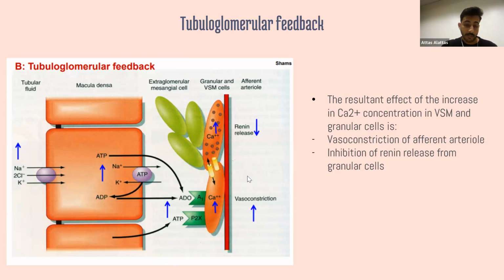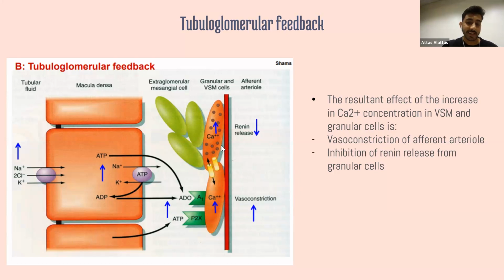And not only will they cause vasoconstriction and decrease GFR here, but calcium will also have a role in the granular cells. The granular cells have the renin vesicles. The molecule renin will activate the renin-angiotensin system, which you don't want to activate.